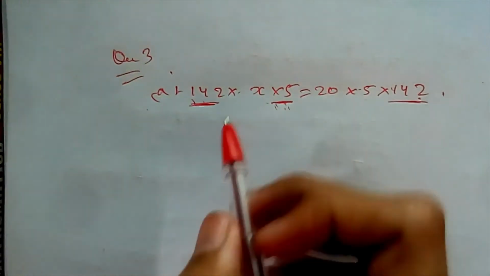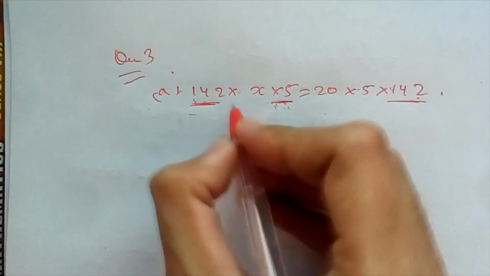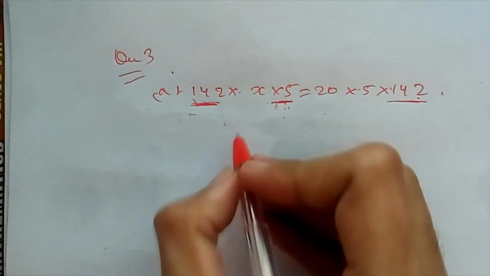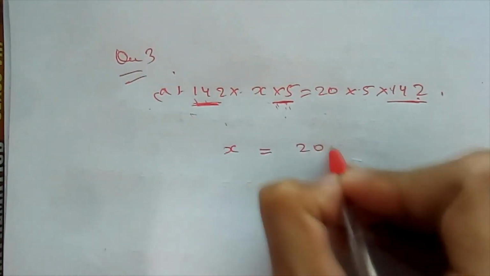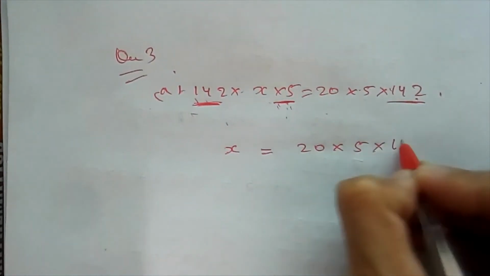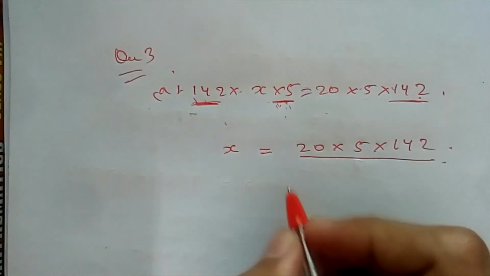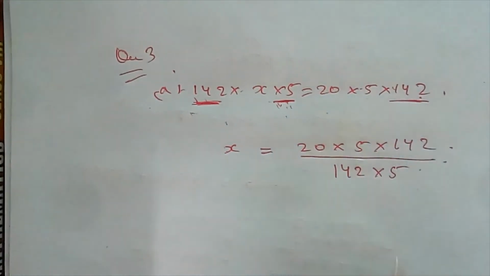For solving these types of questions you can simply do this. Here 142 and 5 are in multiplication. So if we write x is equal to 20 into 5 into 142 and transfer these two to the right hand side, we get 142 into 5.